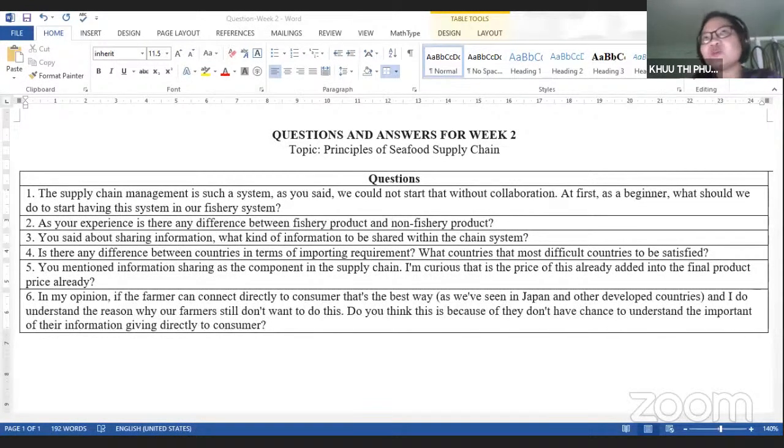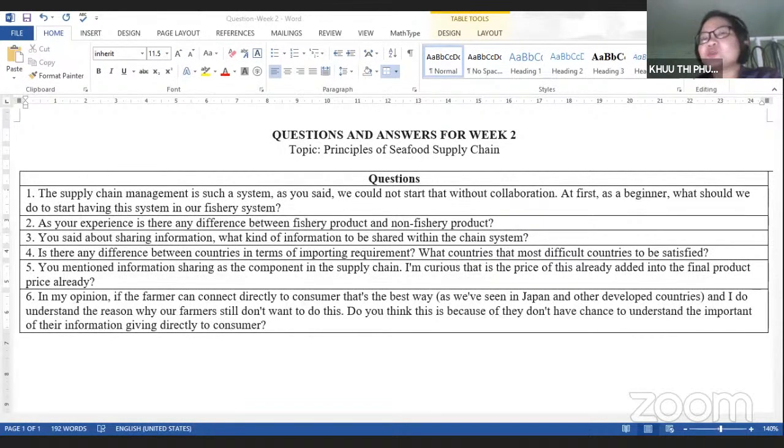If we don't implement a traceability system, the consumer may not find us. But when we implement traceability, we have to face the risk that consumers will find us, they will identify us if they want. So that's why we have to trade off between the benefits and the costs. And those costs should be added to the price, actually.